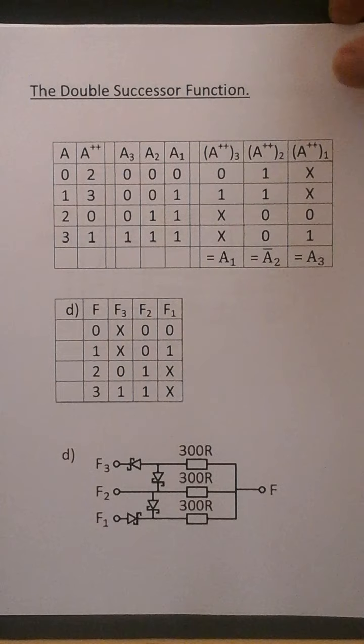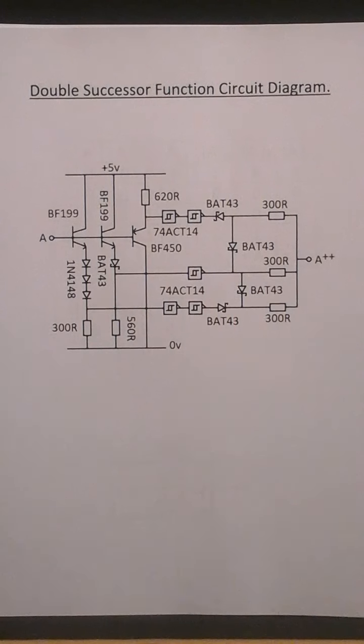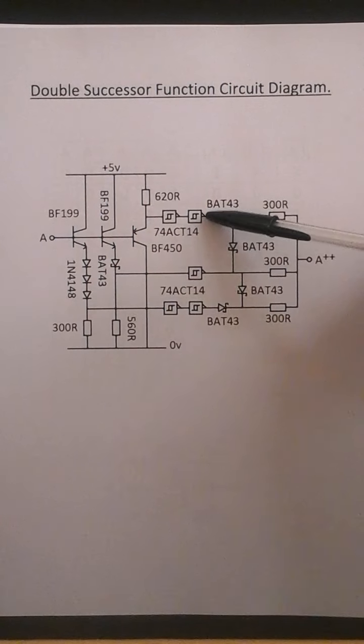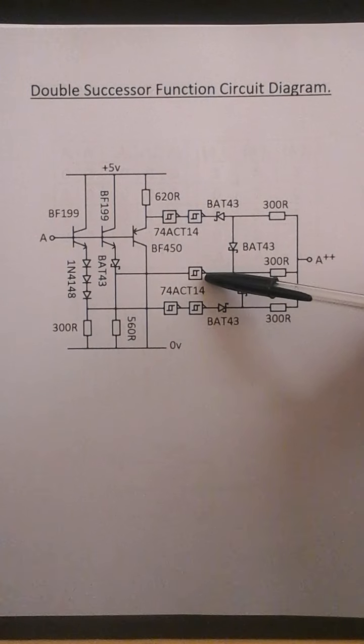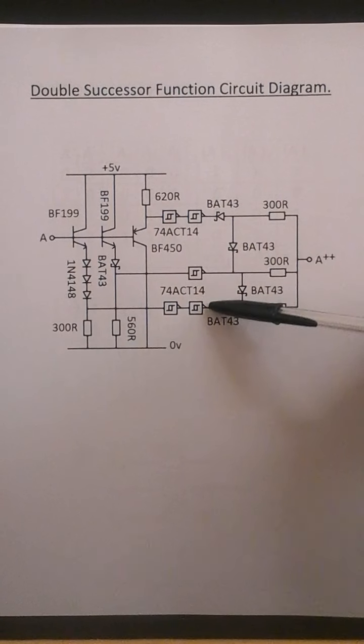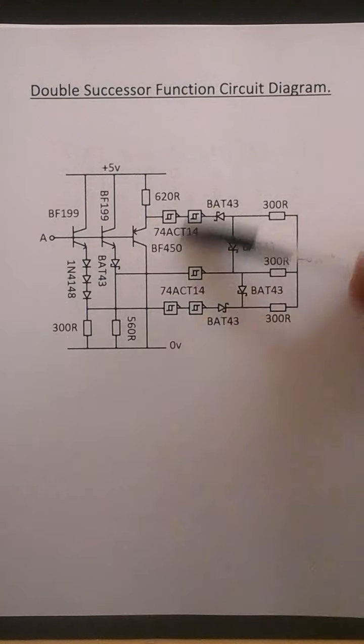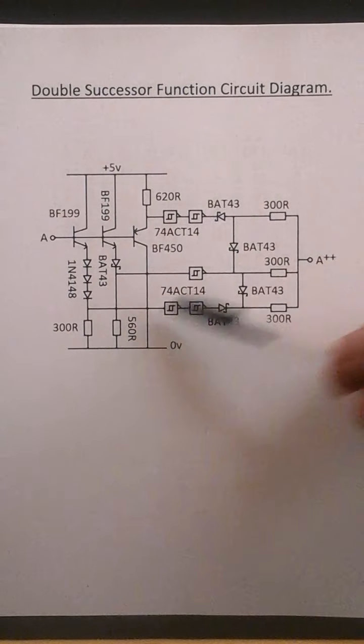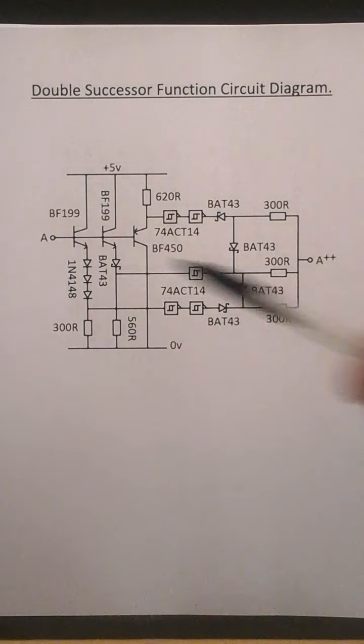So this is a circuit diagram. This is A1, not A2, and A3 feeding into this diode resistor network. These are the inputs, this is the output, this is the input.